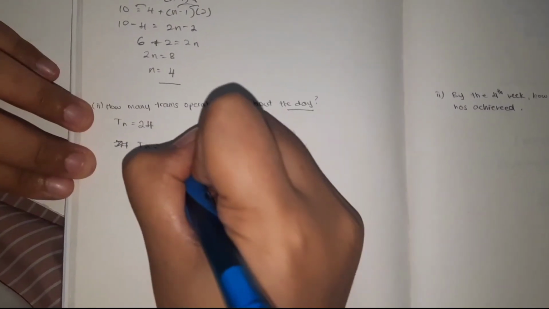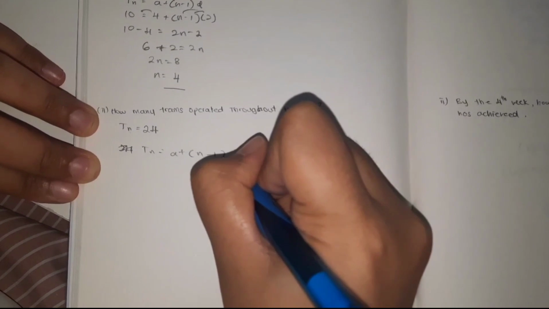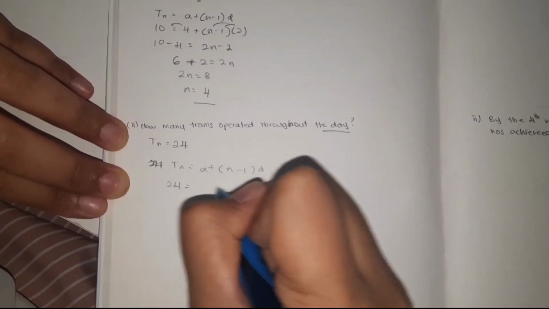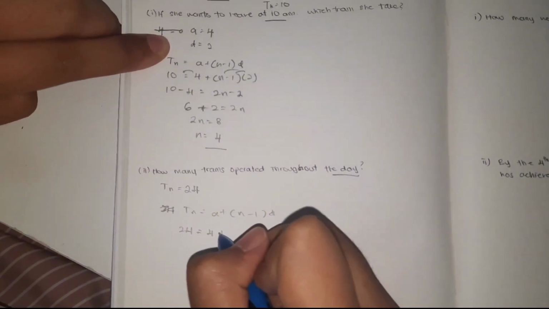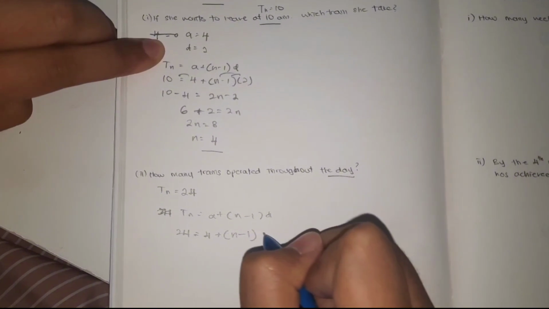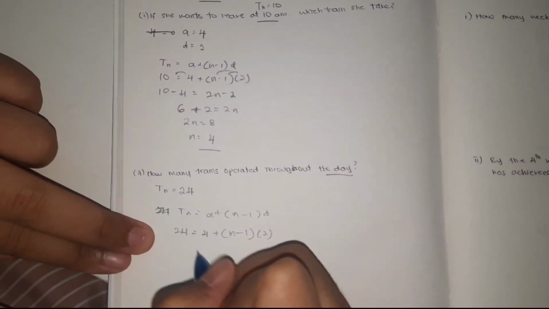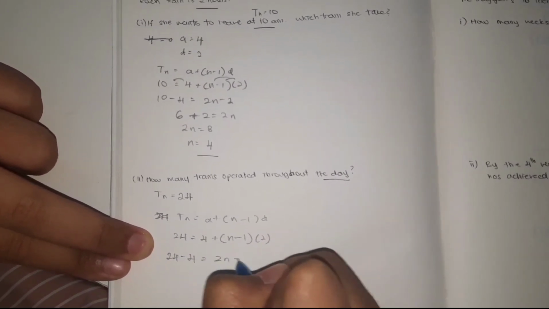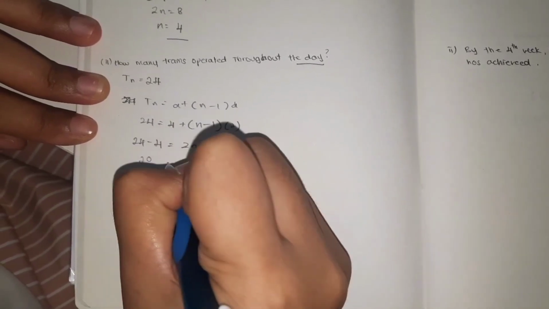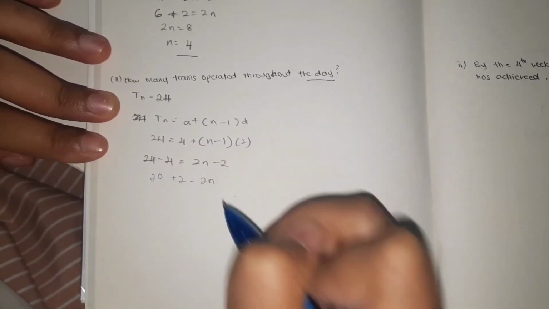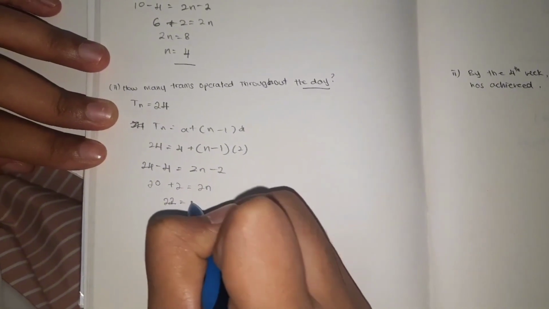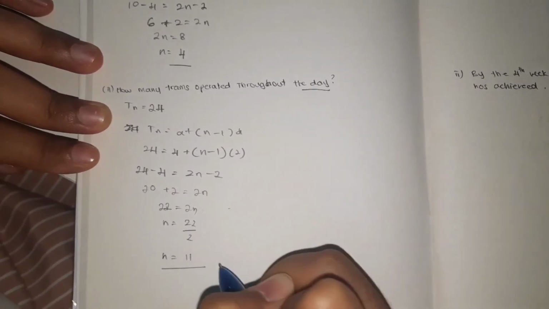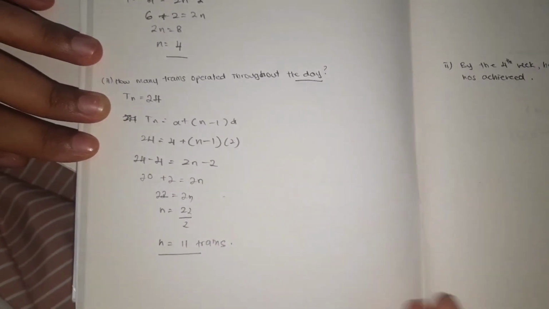Use this formula again, A plus n minus 1 times D. So 24 equals 4 plus n minus 1 times 2. 24 minus 4 equals 2n minus 2. So 20 plus 2 equals 2n. 22 equals 2n. n equals 22 over 2. n equals 11. So there are 11 trains operated throughout the day.